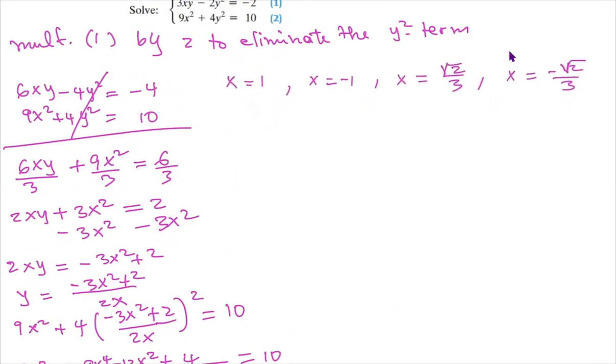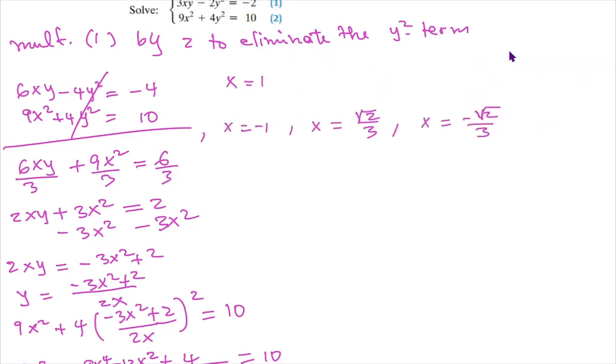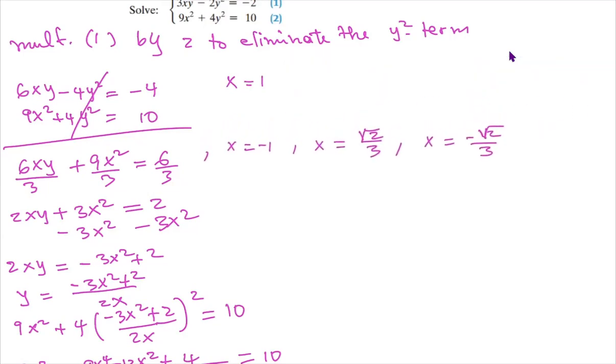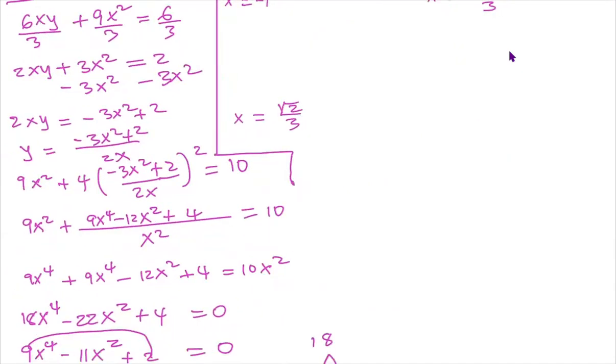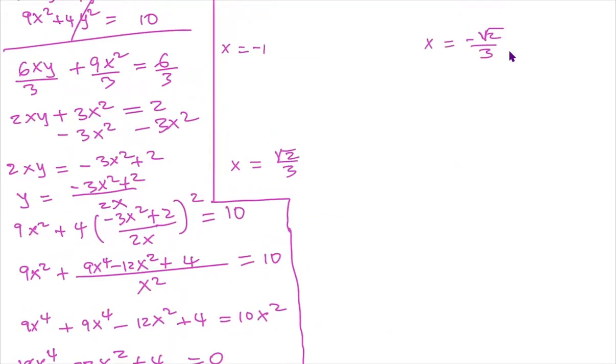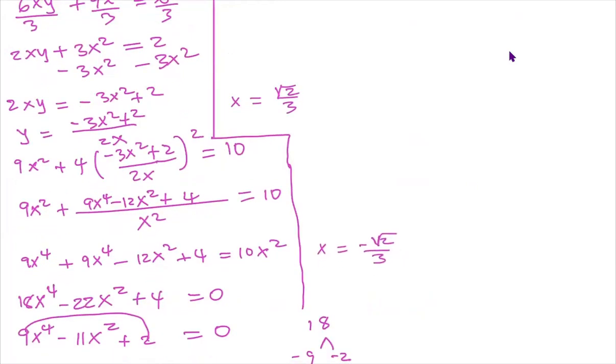So that's x equals 1, x equals negative 1, draw a line here. That's my x equals square root of 2 over 3. And then that's my other x that we're going to work to get the answer here.